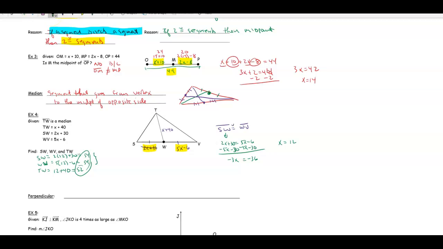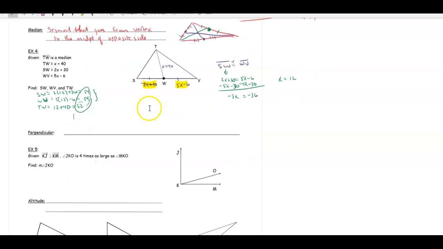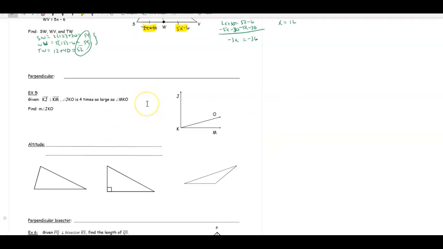All right, next, perpendicular. Anytime we say segments are perpendicular, these are 2 lines that intersect to form right angles.